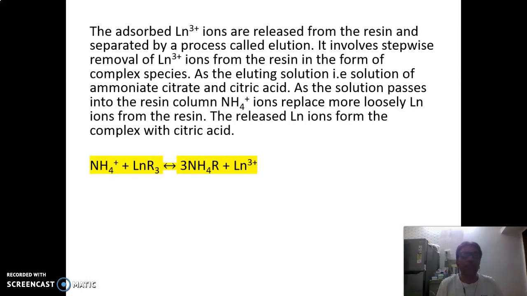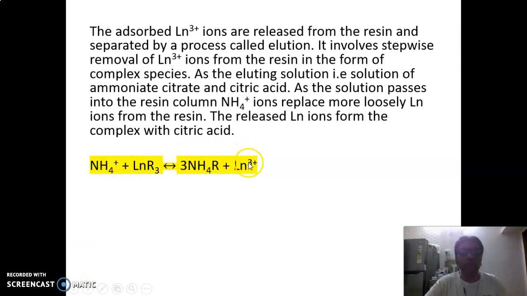So see here, when we add the solution of citric acid and ammonium citrate into the resin column, the ammonium ions replace the loosely bound lanthanon ion, that is the lutetium tripositive ion, from the resin column. So one by one the lanthanon ions are released from the resin column. Again in this case a cation exchange process takes place.